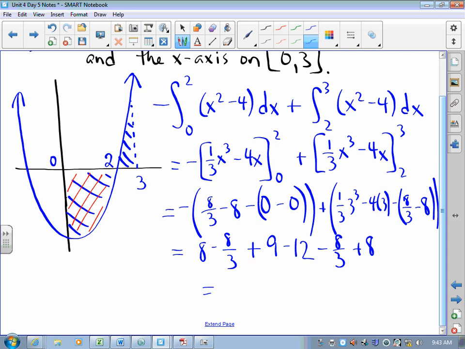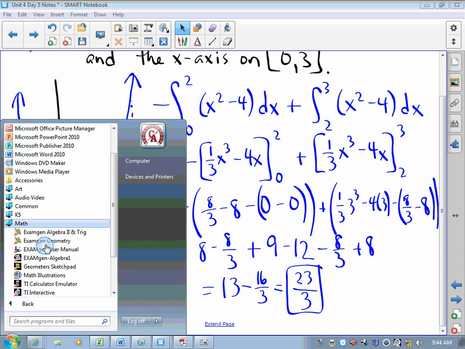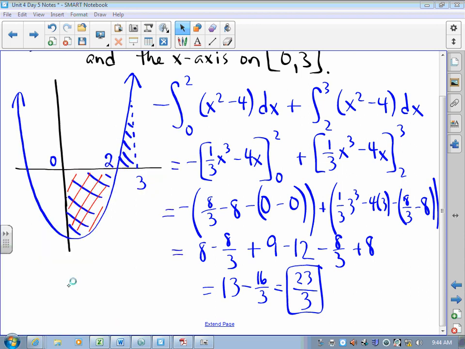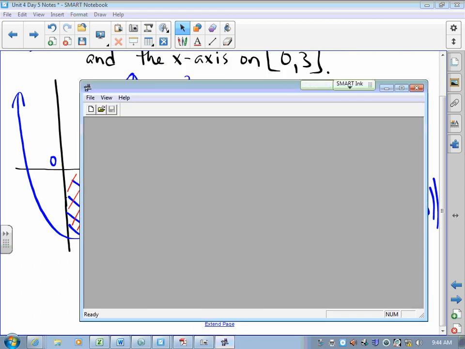And so that's, what is that? 8, 16, 25, 13. 13 minus 16/3 is 23/3. As a side note, if you have a calculator handy, you can also do this problem on your calculator with some ease.